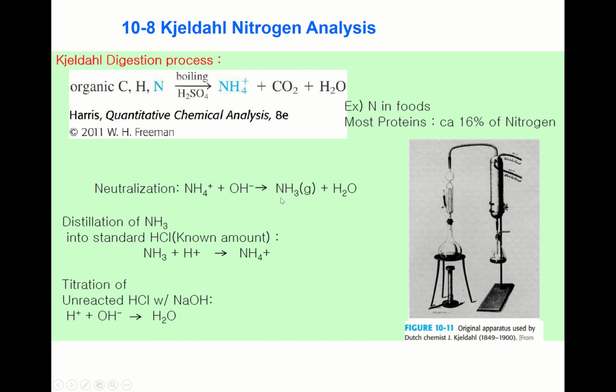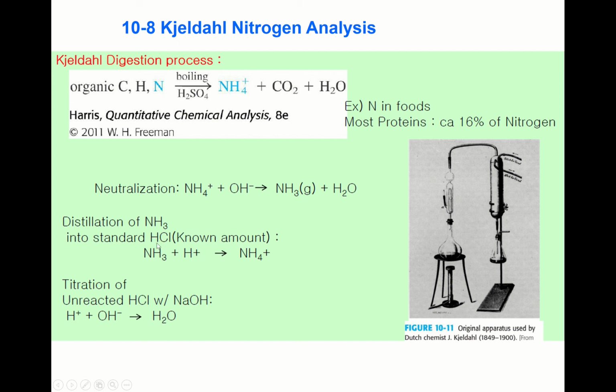The ammonia gas is distilled from this solution, and then it reacts with strong acid of known amount.